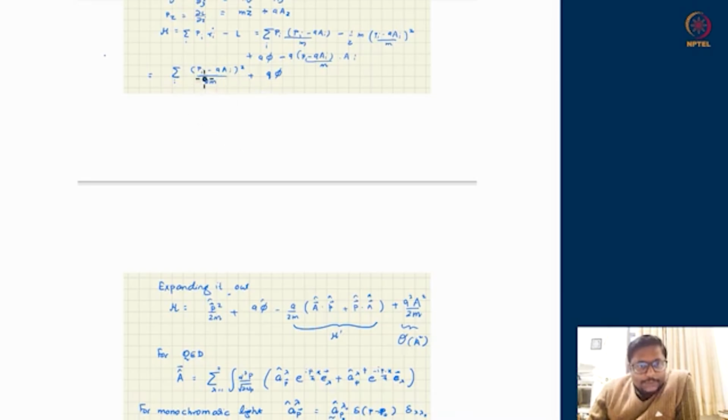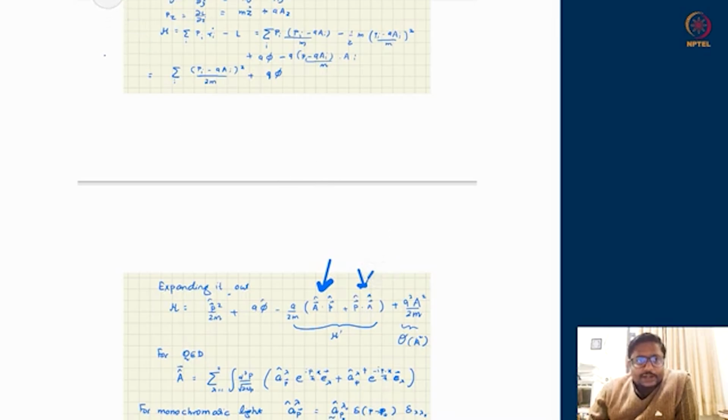If they are quantum operators, two terms will come out, one with A dot P and the other with P dot A. Unless these two commute, we do not know how to write them as a common term. So I will keep it like that, A dot P plus P dot A. As we had discussed previously as well, in quantum mechanical systems, let us not jumble the order. Let us keep the order in which they appear.